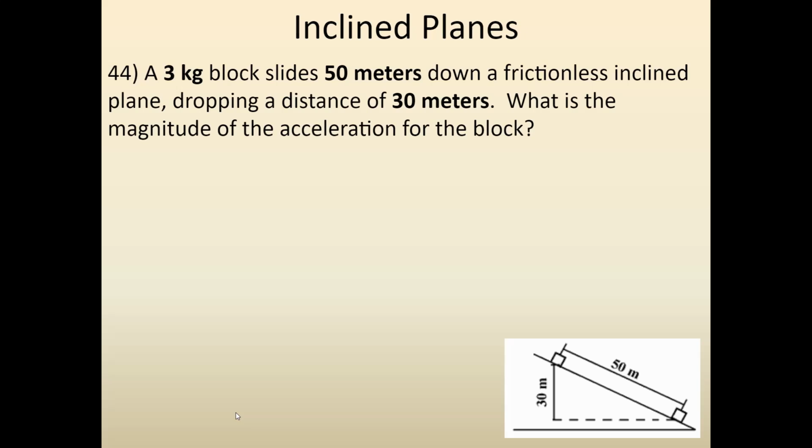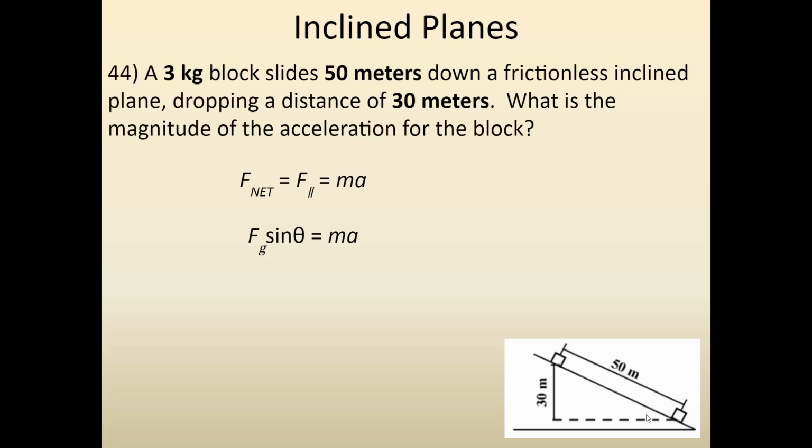So what we're going to end up doing is we're going to have to use forces. However, here's the problem. If I try to do the sum of the forces equal to ma, the net force will be the parallel component because again it's frictionless. I'm going to set this equal to Fg sine theta, but the problem is I don't know what theta is. Well, what I can do is this is a right triangle, as they so nicely put it. What I can do is use these two distances to figure out what this angle is.